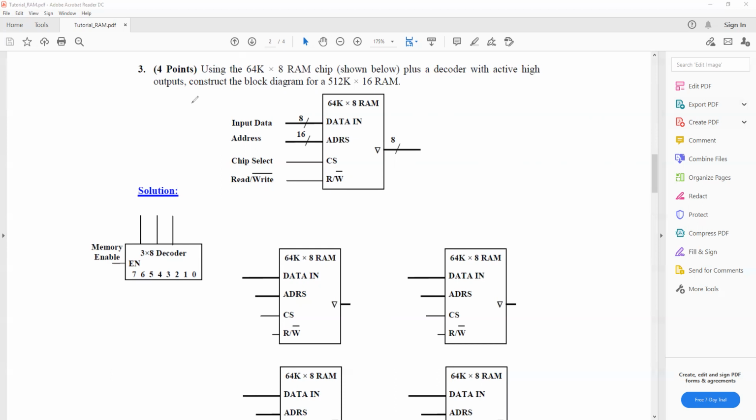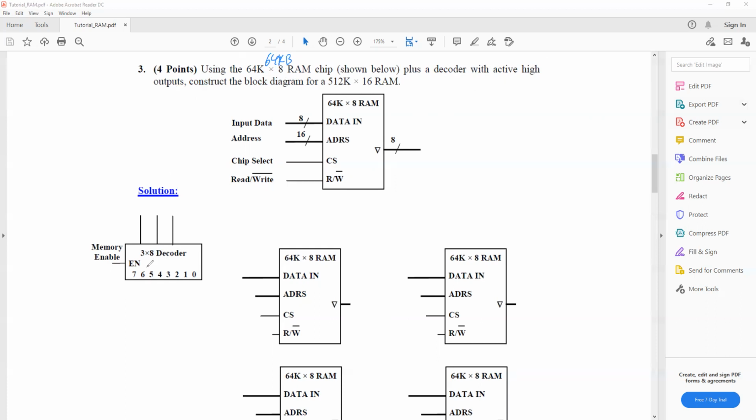Okay, using the 64K by 8 RAM chip shown below, you are provided with this chip, which is 64K by 8. I can also write 64 kilobytes. Byte means 8 bits. So using the 64K by 8 shown below, plus a decoder, you have the decoder here, with active high outputs.